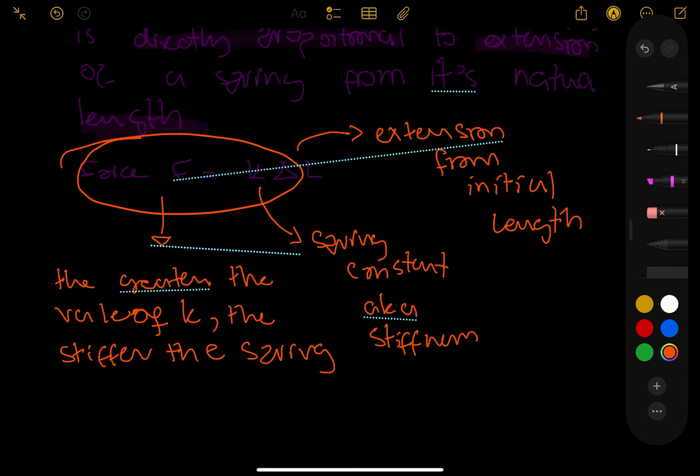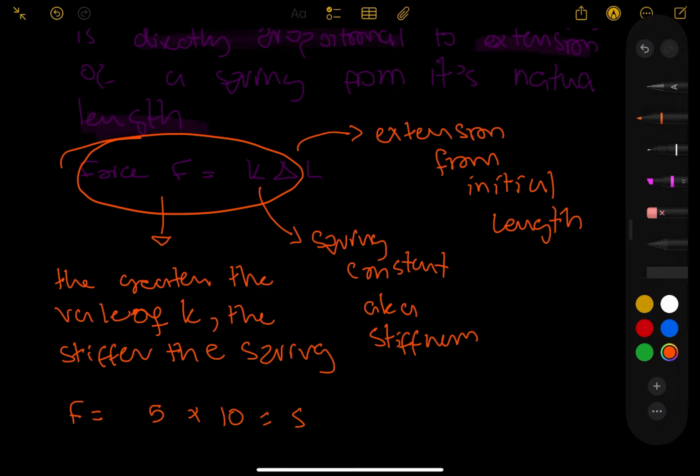Say I need to extend my spring by a length of 10 centimeters, and I keep that constant. If I have a spring constant of 5, then the force required will be F equals 5 times 10, which equals 50.